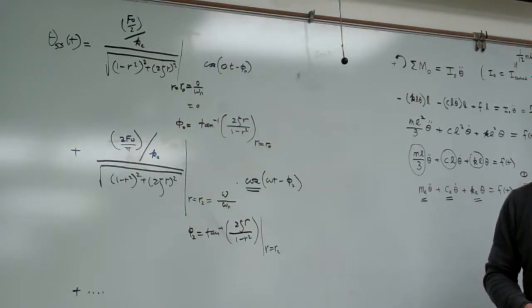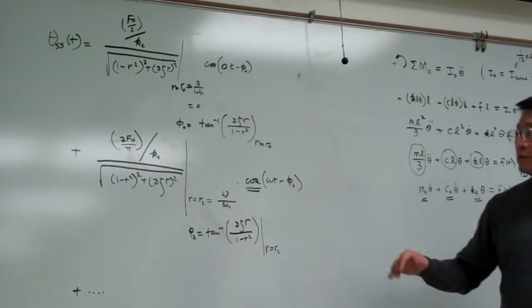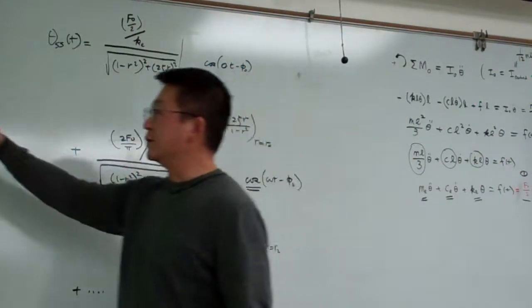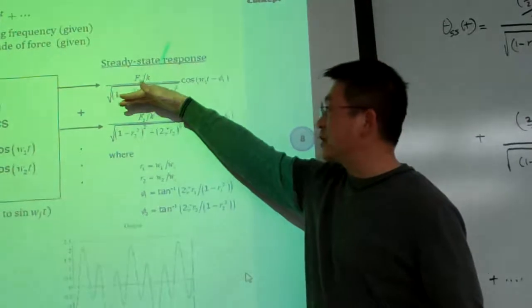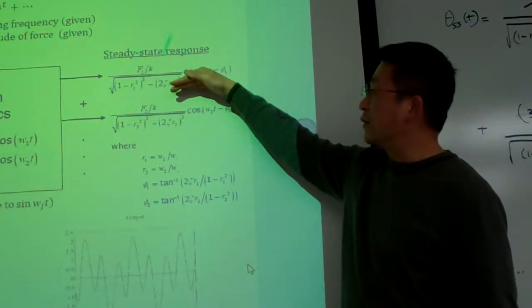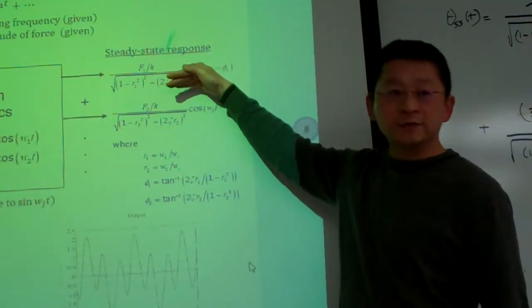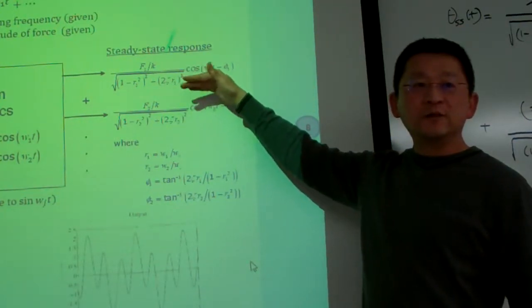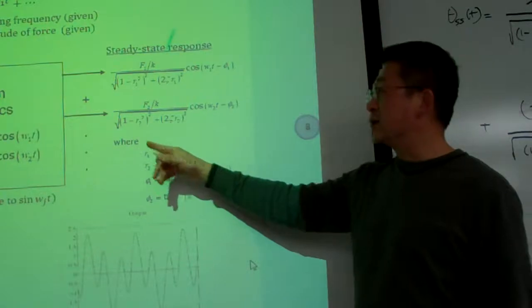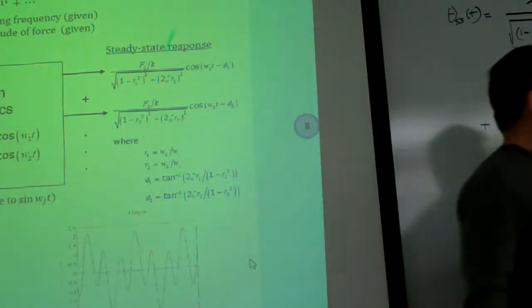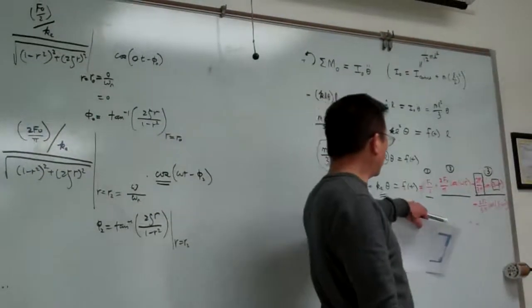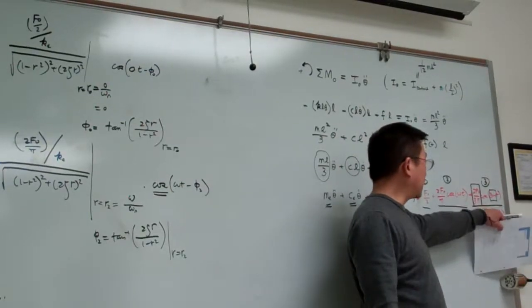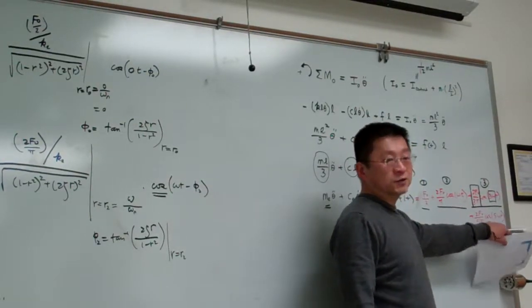Good? And every single term here is based upon our learning from chapter 3. Okay, so basically the key to completely understanding this is that we decompose the periodic force into a combination of many harmonic terms.